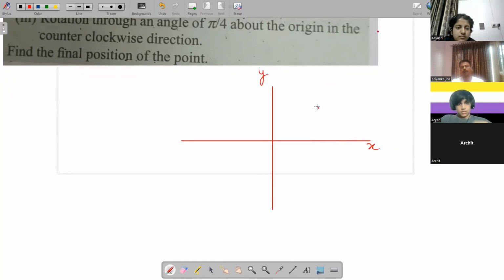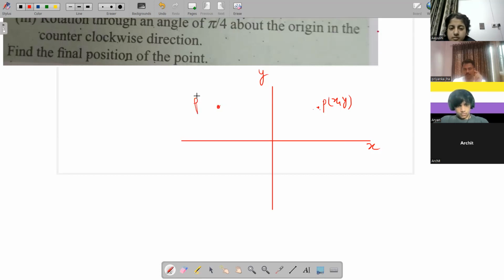अगर मान लो कोई पॉइंट तुम लेते हो, तो P(x, y) मान लिया, जनरल। अगर तुम इस पॉइंट P का y एक्सिस के अबाउट इमेज लो, तो y एक्सिस इज योर मिरर। P dash will be the image of this object.